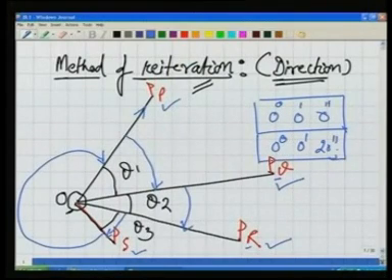So what is the meaning of this? While we are measuring the angles theta 1, theta 2, theta 3 and this total angle, we introduce an error equal to 20 seconds.